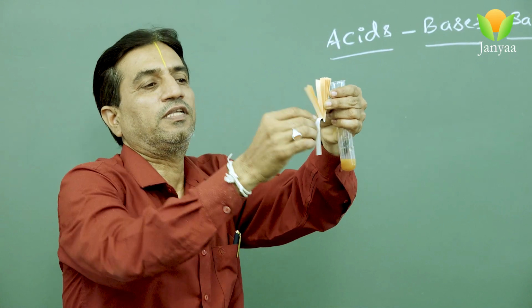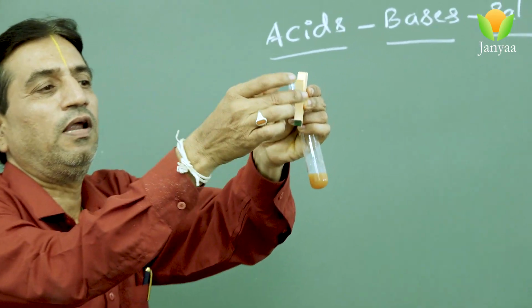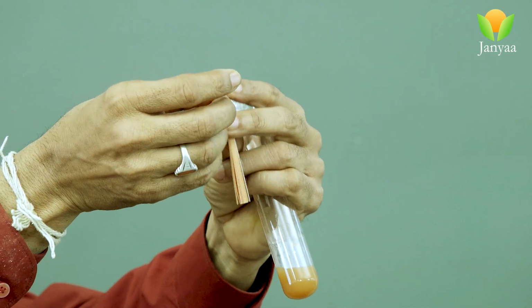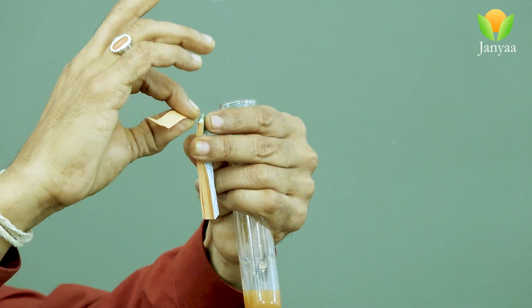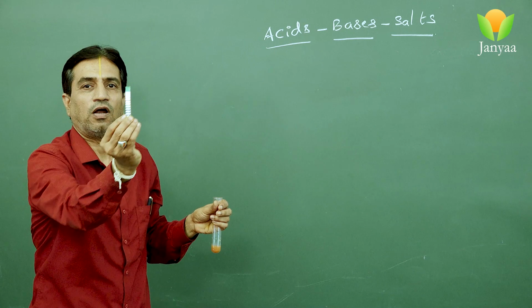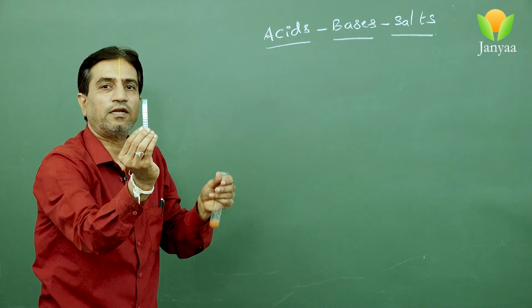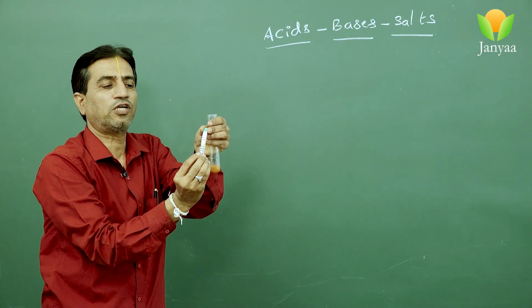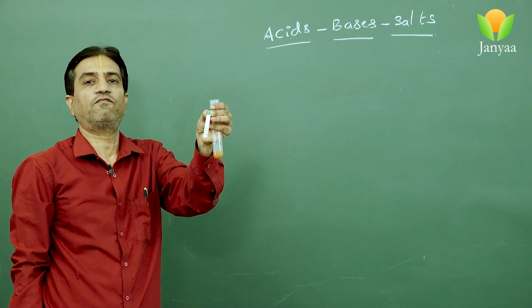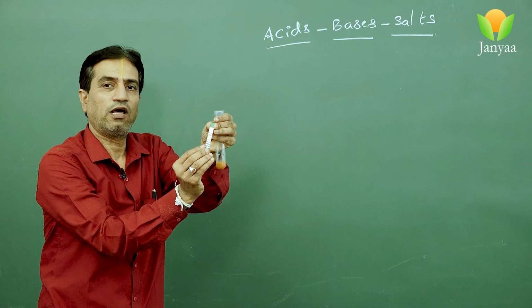You see, this is the color of the pH paper. Some colors are given here on the pH paper, and according to the color the pH paper turns we can assess the nature of the given soil.